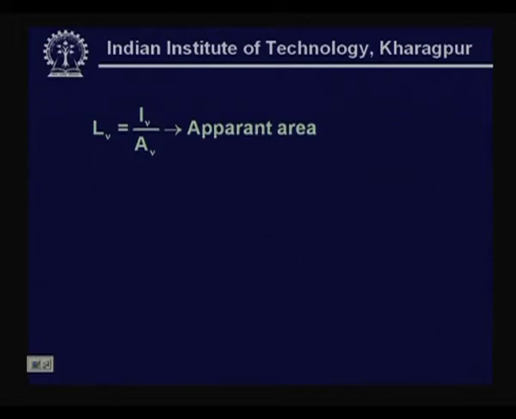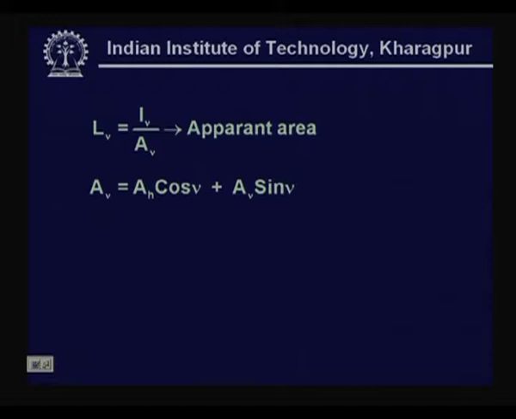So, this is got in terms of I gamma over A gamma, the apparent area. Now, this apparent area is nothing but AH cos gamma plus AV sin gamma.